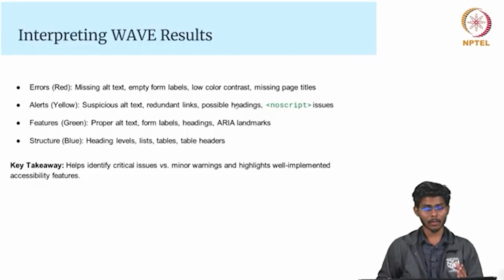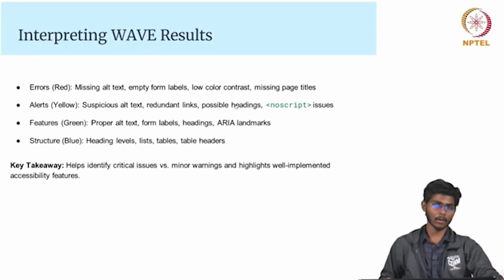So, these are all things I have covered already. The red means missing alt text, and what elements are causing it and all, etc. And yellow shows alerts, like potential barriers which can be reduced, and green shows how the elements are properly arranged in the website and all.